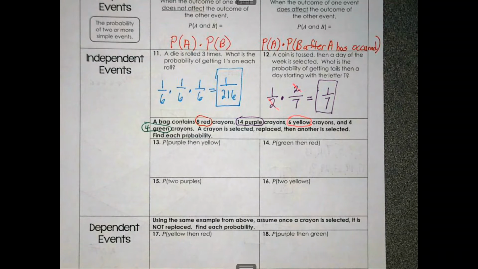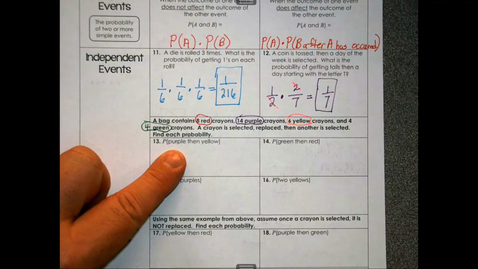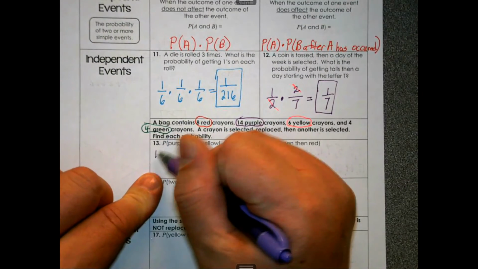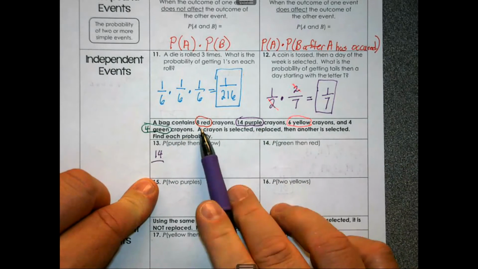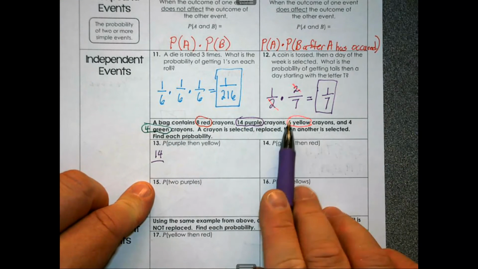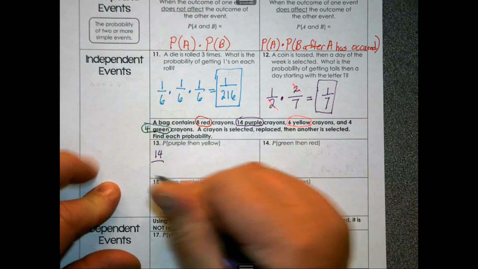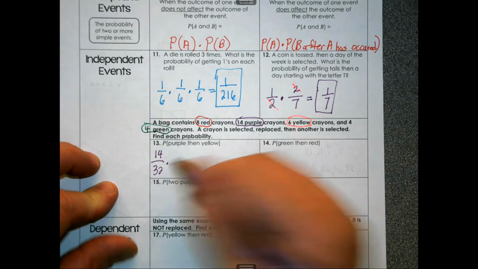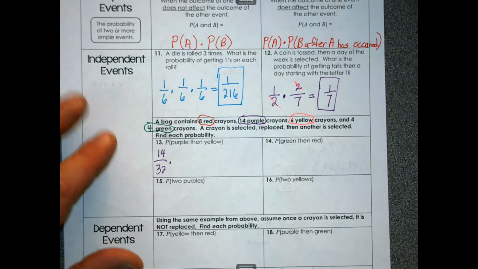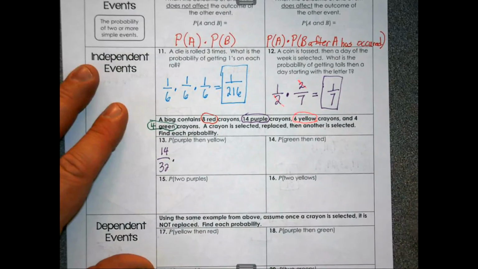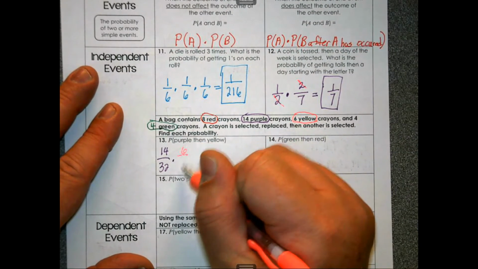So we have independent events, right? Because you get the same opportunity the next pick. Okay, the first pick, probability of a purple, 14 out of 8, 22, 28, 32 total. Times probability of picking a yellow, 6 out of 32.